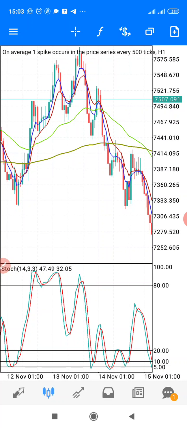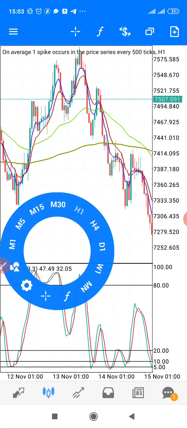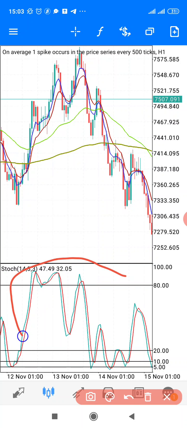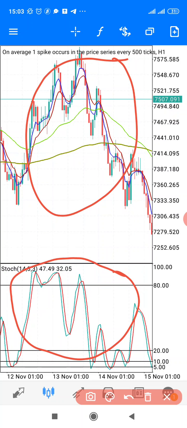All right, so this is your stochastic. It's a stochastic oscillator. And this is your chart. This blue is the 5.